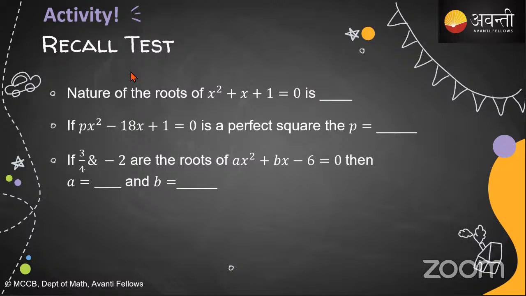What is the nature of roots of x square plus x plus 1? And the second question: if px square minus 18x plus p is equal to 0 is a perfect square, then what is p?